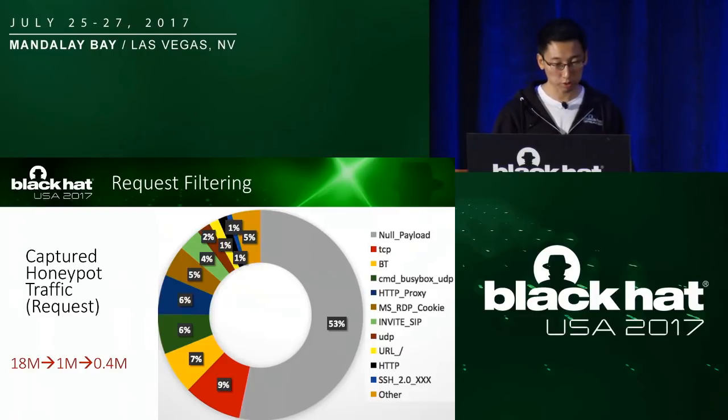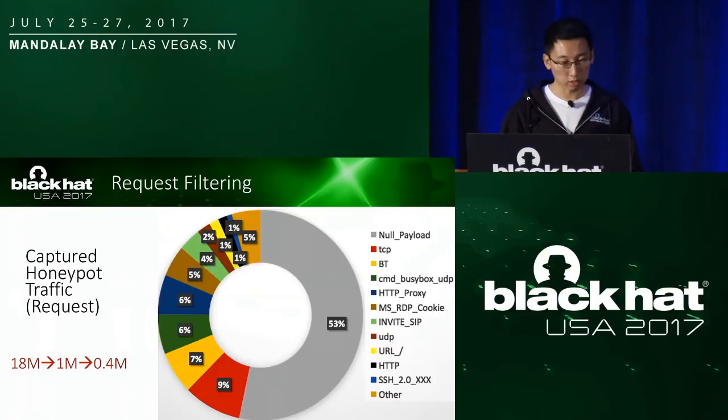As this figure shows, for example, nearly half of the captured requests do not contain any payload, and other traffic, like the BT protocol and the MS-RDP protocol, is clearly not IoT related. Also, for the UDP traffic, the majority of it contains just random data, so we clean those up as well.